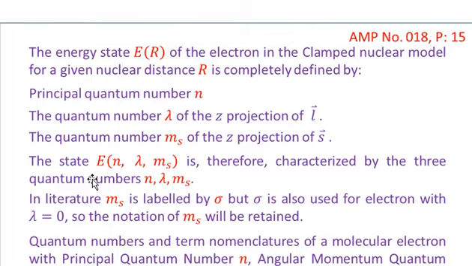The state can now be written as E as a function of n, lambda, ms. That is, the state of energy depends upon these three parameters, and is therefore characterized by the three quantum numbers n, lambda, ms.